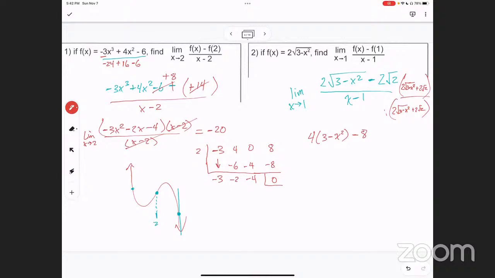So why is the x minus 1 not canceling out? I'm not seeing something. Are you seeing something? Something's wrong. I don't see anything. Should I put this in Desmos and see what happens? Yeah. 2 root 2.